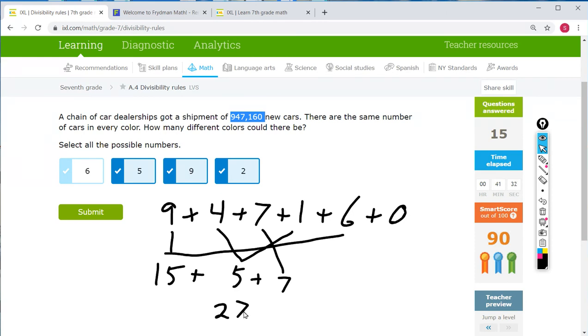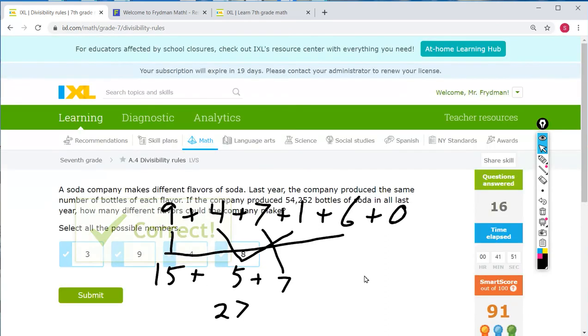Well, actually, yes, it does. It goes into 27 exactly 9 times. And since this number is divisible by 2 and 3, then it is therefore also divisible by 6. So actually this number is divisible by all of these numbers, so we're going to click them all and hit submit.